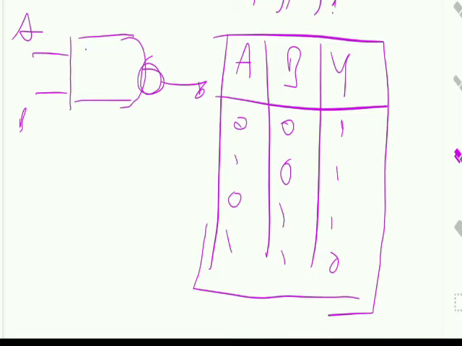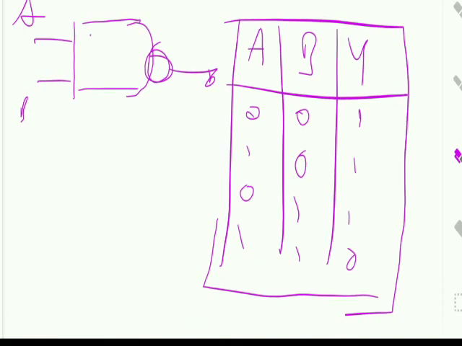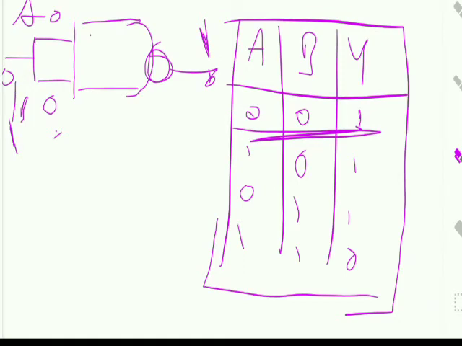If the two inputs are shorted and I give input 0, this terminal also gets 0, and this terminal also 0. 0 0 gives 1. And if I give 1 here, this terminal is also 1, and this terminal is also 1, so 1 1 gives 0.